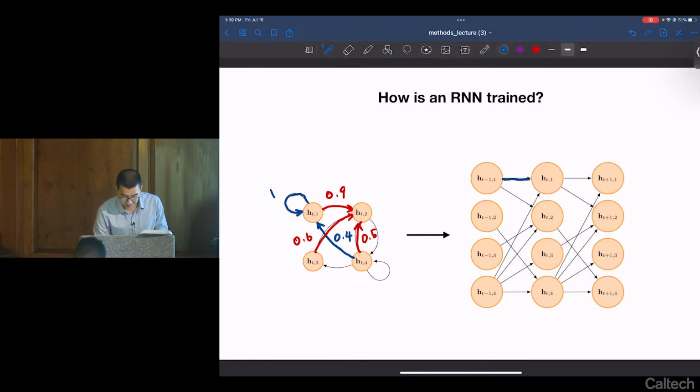So all of these weights then become the value 1. And then neuron 4 also affects neuron 1. And so all of these weights are also the same, and the value of that connection is going to be 0.4.